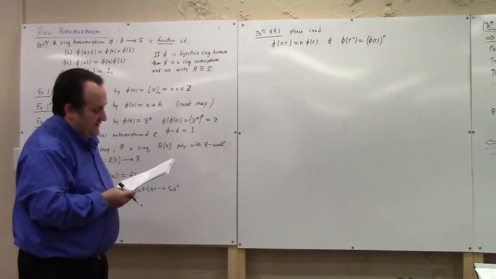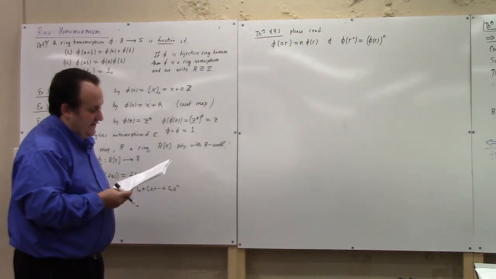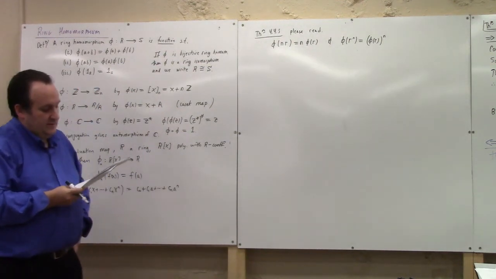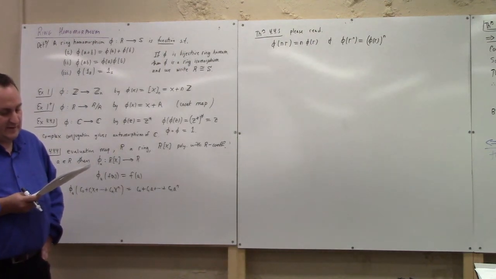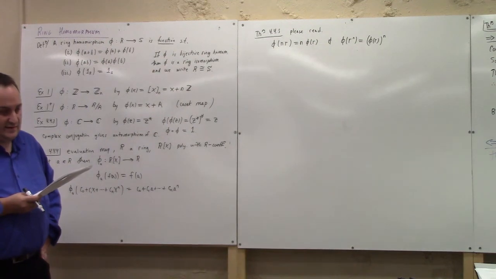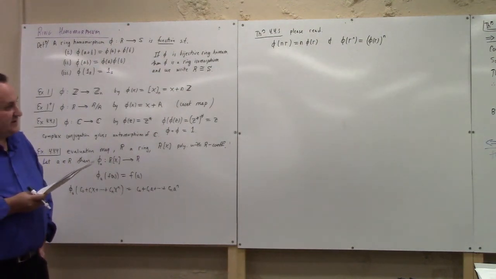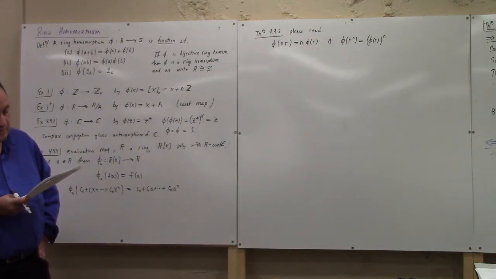And then we have other things like the image of a subring, the image of a sub-rng is a sub-rng. If you have a surjection and you have an ideal, then the image of the ideal is itself an ideal. The inverse image of an ideal is an ideal. If R is commutative, then the image of R is commutative. And phi is an isomorphism if and only if phi is surjective and has kernel 0.